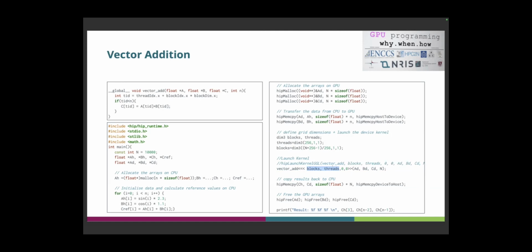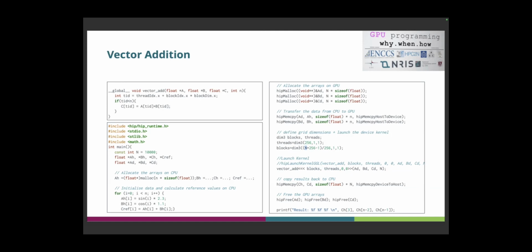The second variable from the left, threads, specifies how many threads we want in a block, and we see that above we have defined it as 256. Blocks is the number of blocks that we want to be created, and in this launch, we keep the number of blocks as a function of the size of the problem, so that we launch at least n threads in total.